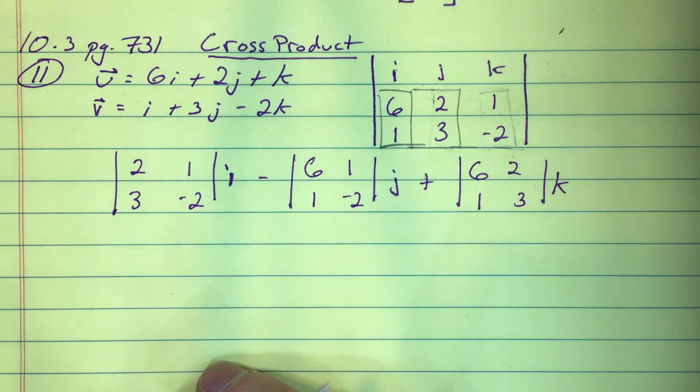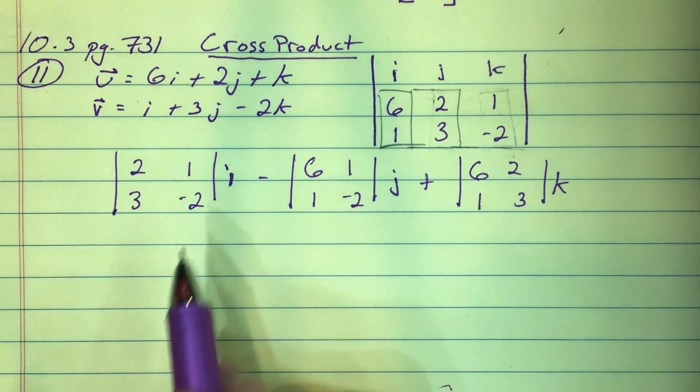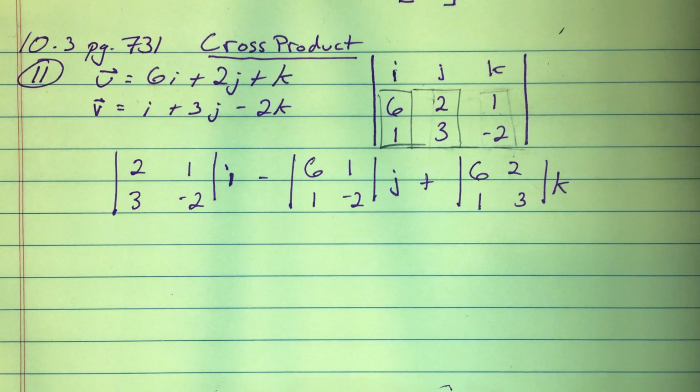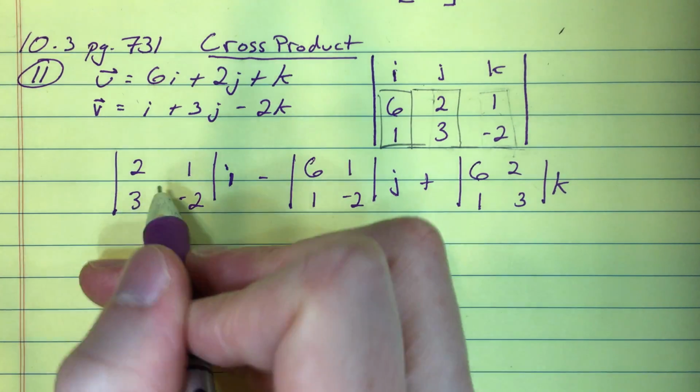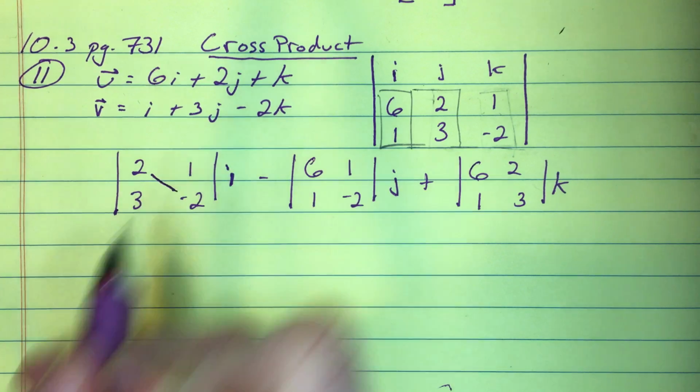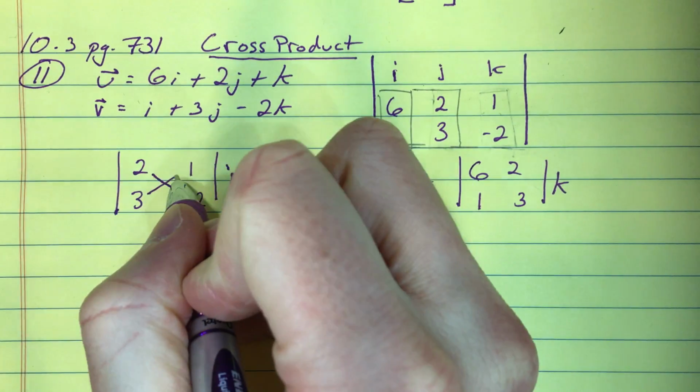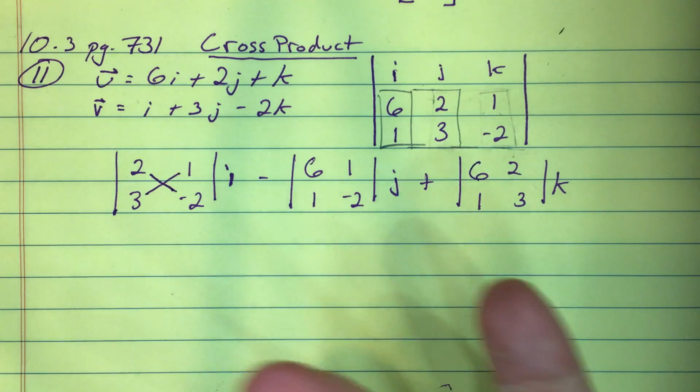So the next step, the video that's posted for this lesson does not really explain this next step very much because it's based on the determinant from our matrix chapter, which we did not cover. So what they're doing is they are cross multiplying inside those matrices. So this 2 and -2 are going to be multiplied. This 3 and 1 are going to be multiplied. Hence the cross product.